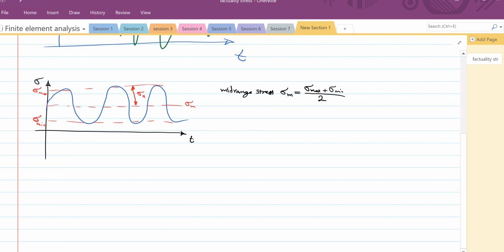For alternating stress, or sigma a, you can find it by subtracting sigma min from sigma max, divided by 2. And we have the stress ratio. We show it as R, and it is sigma min over sigma max.